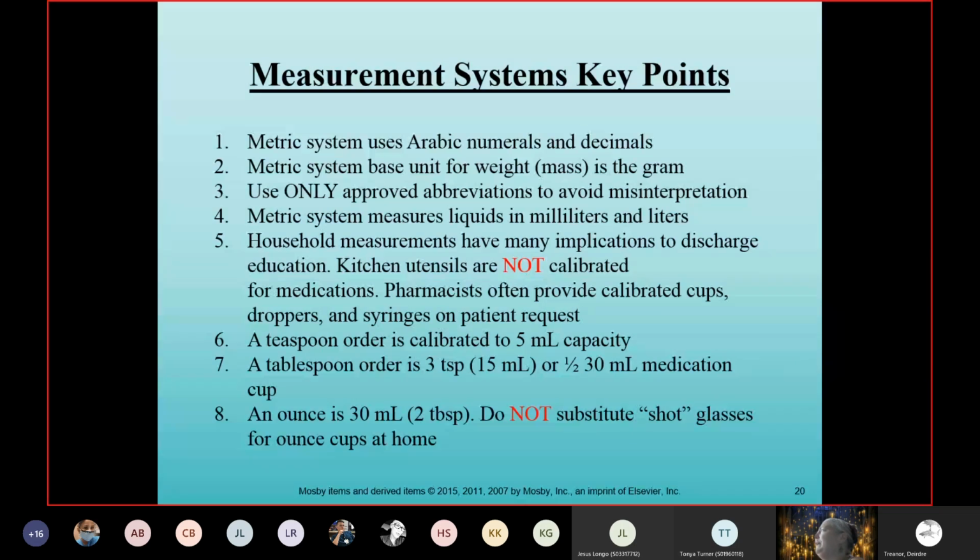So some key points for metric. Metric system uses Arabic numerals and decimals. So by Arabic, we're talking kind of like Roman. So 1, 2, 3, 4, 5. Okay.